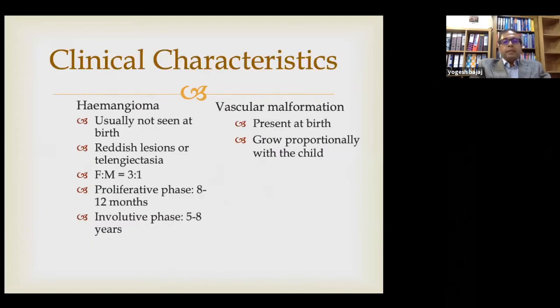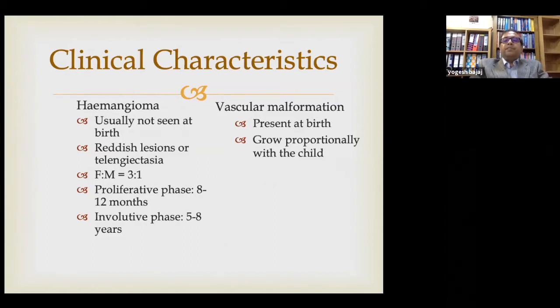So again, to reinforce, hemangiomas are not present at birth. They usually start appearing roughly 6-8 weeks of age as a red spot, and are much more common in girls than boys.